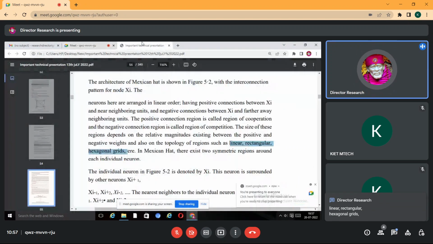In a Mexican hat, there exist two symmetrical regions around the individual neuron. This neuron is surrounded by other neurons: Xi plus 1, Xi minus 1, Xi plus 2.